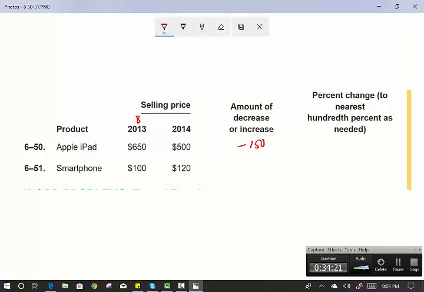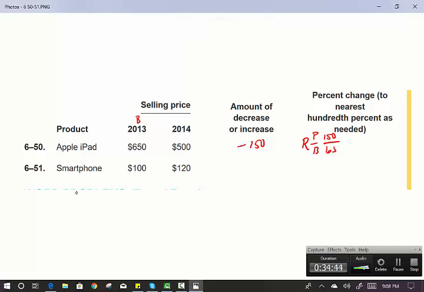And then, since I'm solving for the percent of increase or the percent of decrease, that means I'm solving for the rate. In this particular case, the rate is equal to part divided by base. And the part is the difference of 150, and the base is the base year, the year that we're comparing it to, which is 2013.